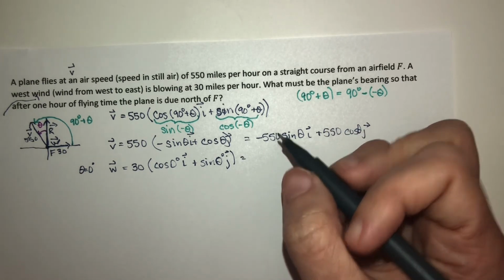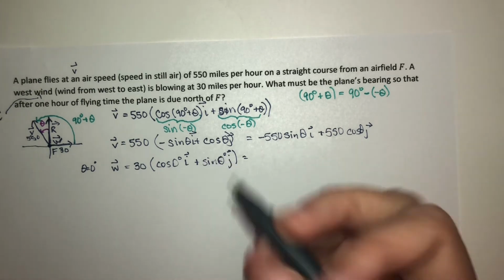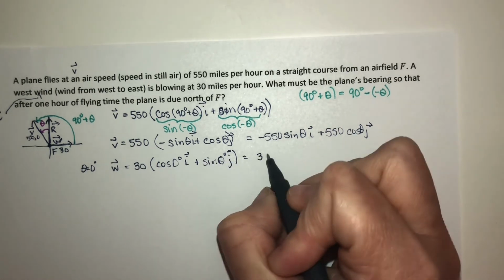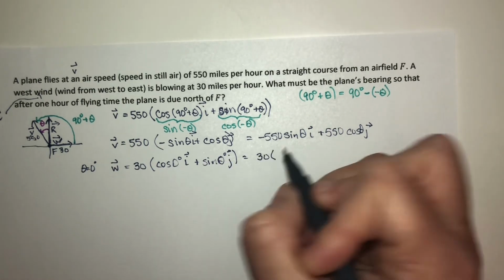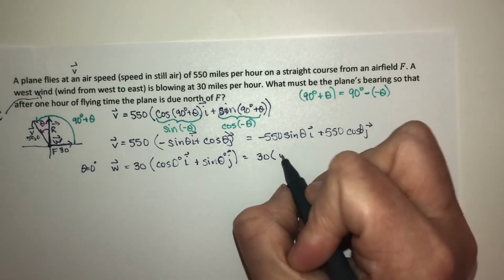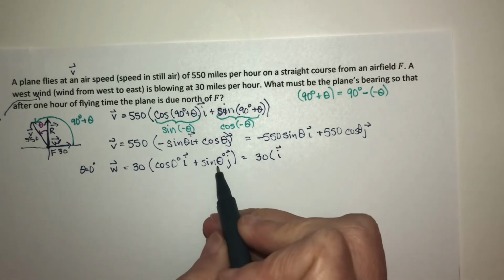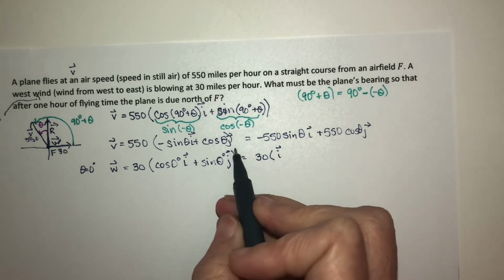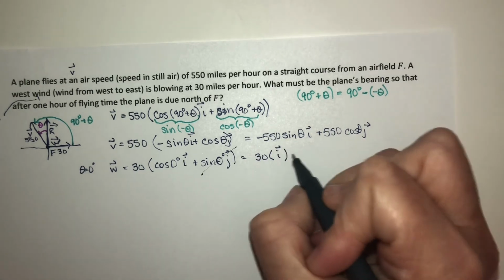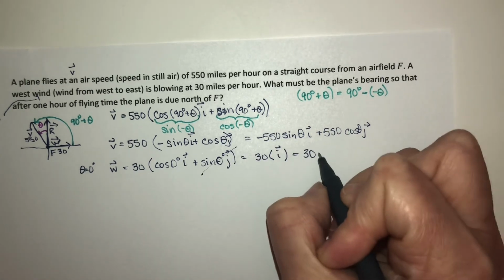Well, cosine of 0 is 1, so this is 30 times 1i. Sine of 0 is 0, so that whole thing goes away. So this is just 30i.